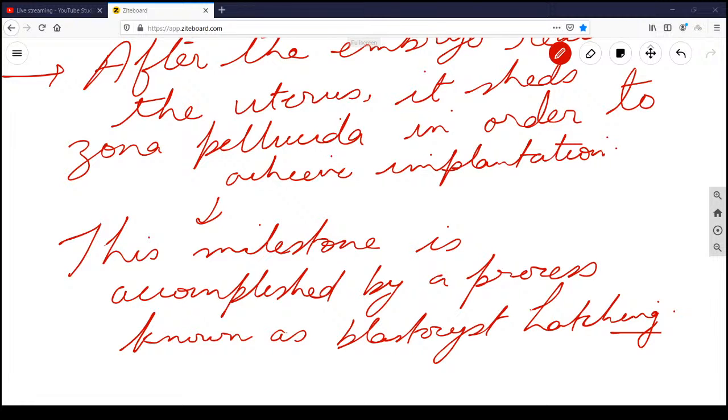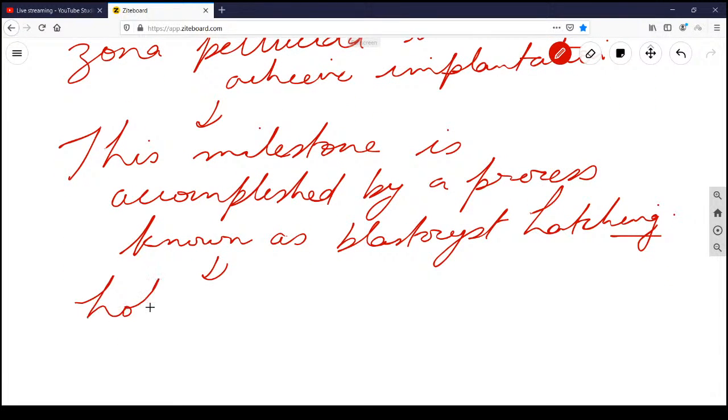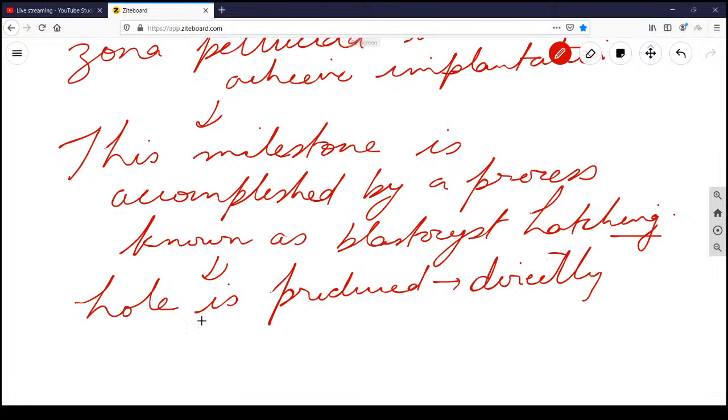The blastocyst hatching is accomplished, meaning you just hatch it like an egg, because the inner cell mass and the blasts come out, especially the inner cell mass. So in primates, the first hole is produced directly over the inner cell mass region.